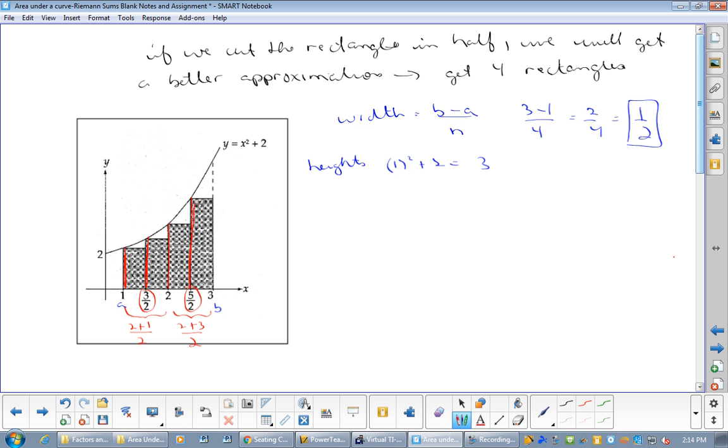Rectangle 2, we would put in 3 over 2 squared plus 2. That gives us 17 over 4. The third would be 2 squared plus 2, which is 6. And 5 over 2 squared plus 2 would be my last height, which is 33 over 4.